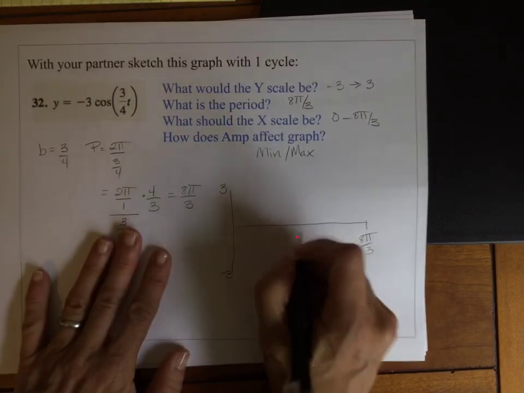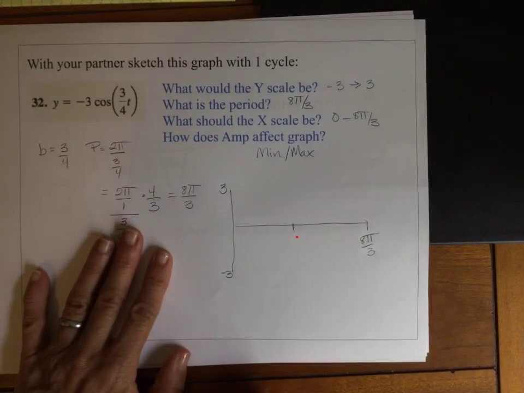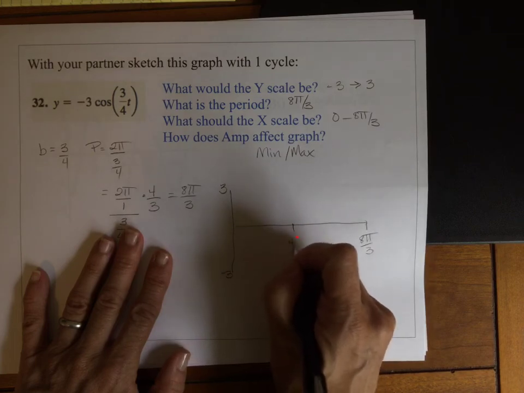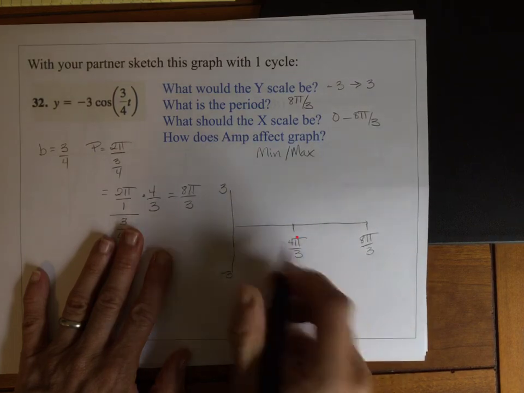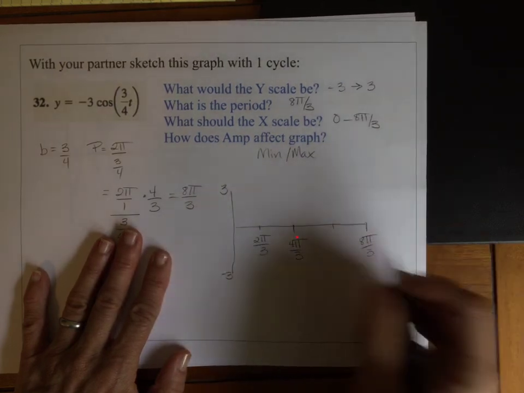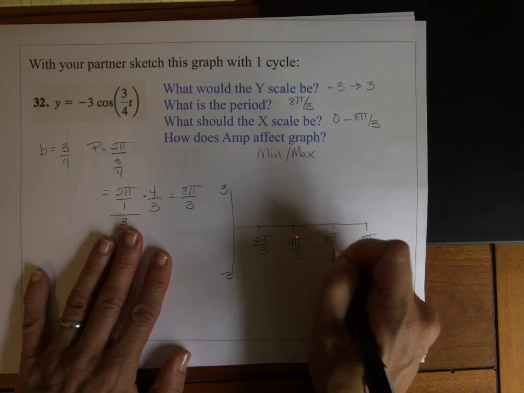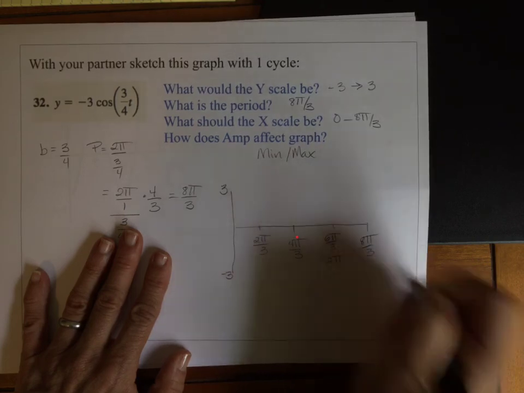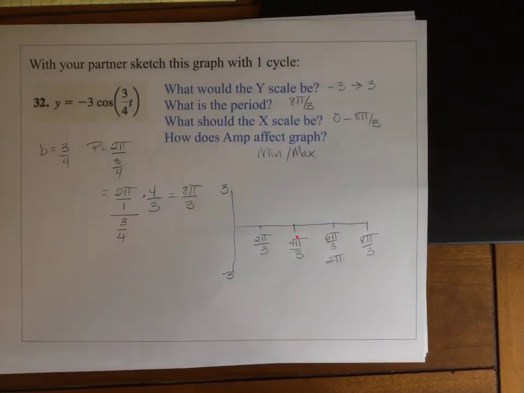And then you would need to divide that in half. So half of 8 pi over 3 is 4 pi over 3. Divide this section in half. That's 2 pi over 3. This one would be 6 pi over 3, otherwise known as 2 pi. And then what's the pattern for cosine? Do I start at 0 or do I start at my max?